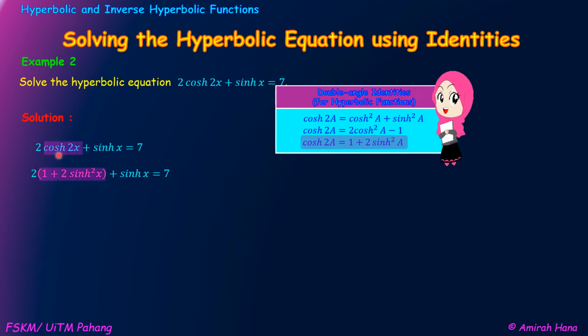From here, we use this formula: cos 2x equals 1 plus 2 sin squared x. Remember, if we have a double angle, we need to use a double angle identity, and since we are given sin x here, we need to use the double angle identity containing sin only.